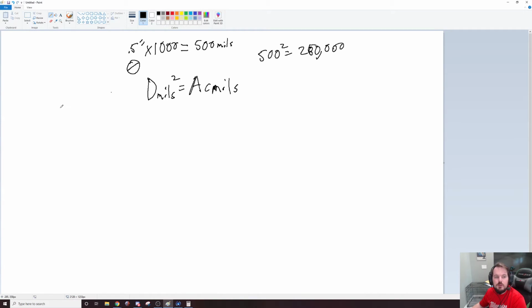So we have 100 mils. So remember, R equals K, which we found was 17.7. Length of 2 miles. So R equals K times L.